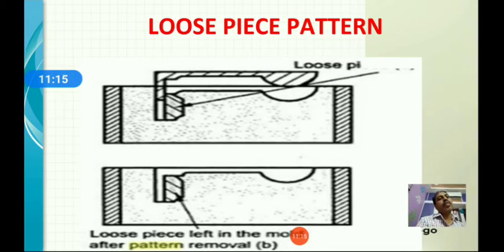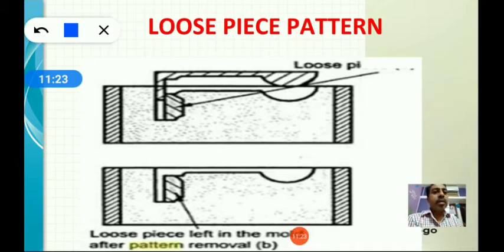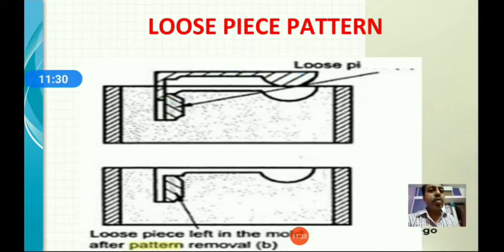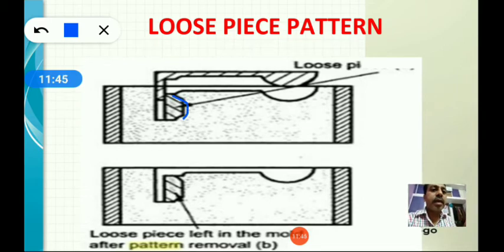Now the loose piece pattern. A loose piece pattern is a part of assembly patterns. This is a whole pattern, but a loose piece pattern is created in the circumstances of undercuts and projected parts. Like this is the undercut in the casting.